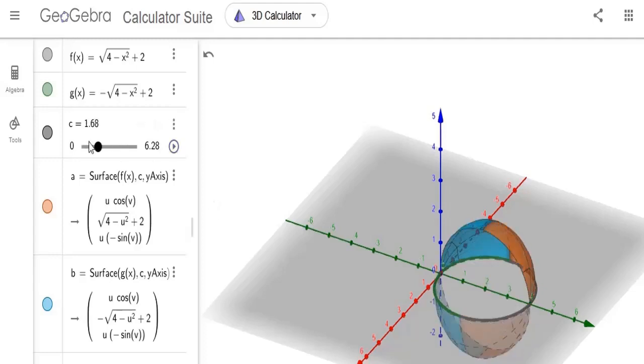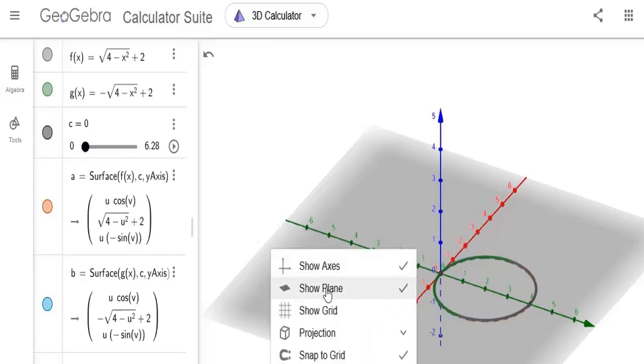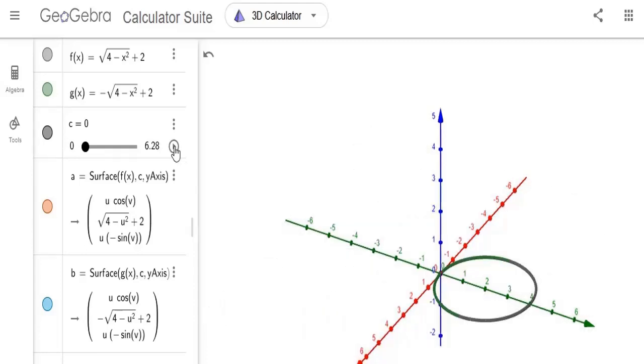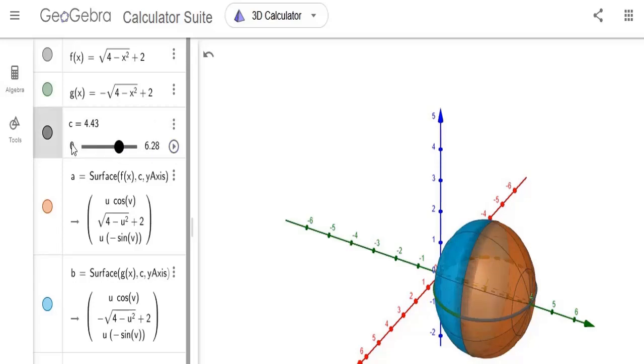So let's remove the plane. Okay, so that was the third animation.